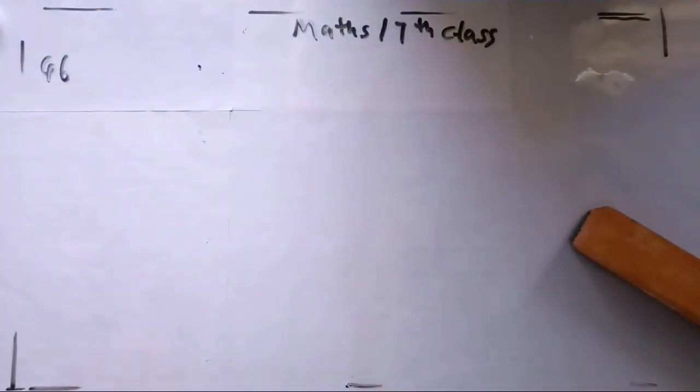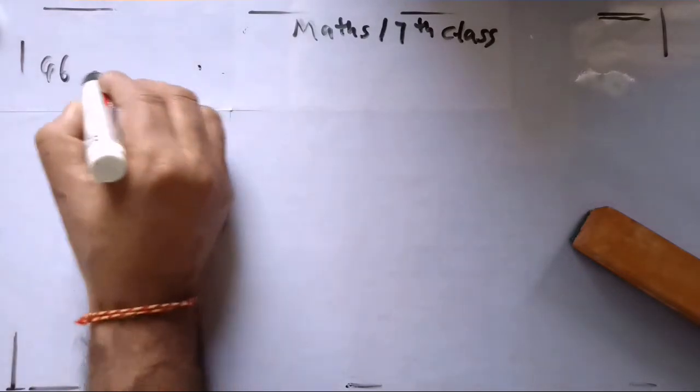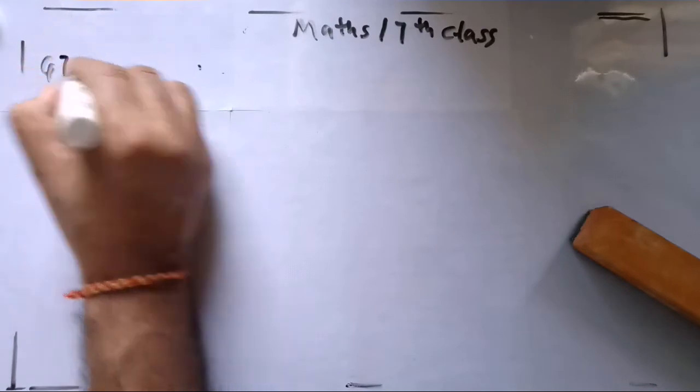Okay, now our next question, question number 7. Manan and Jia together have 2500 rupees. Manan's share is 3 by 5 of the total. This is the 7th question.